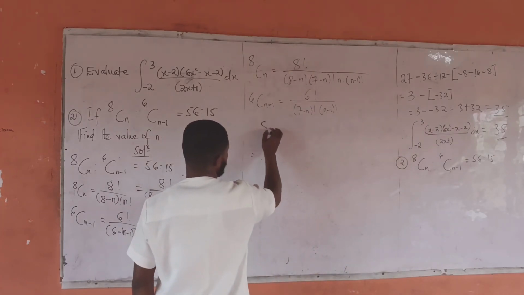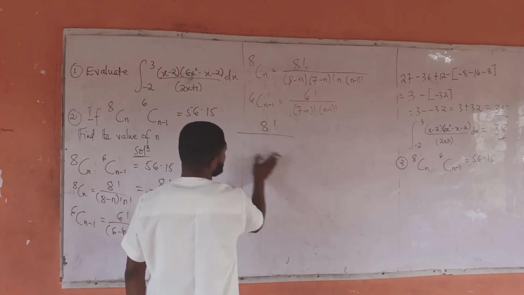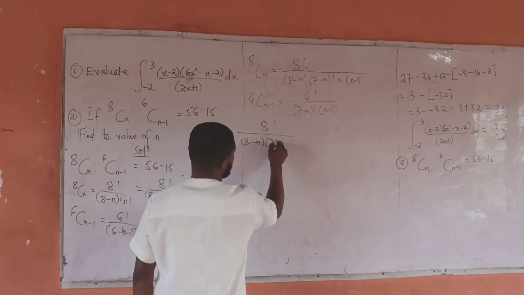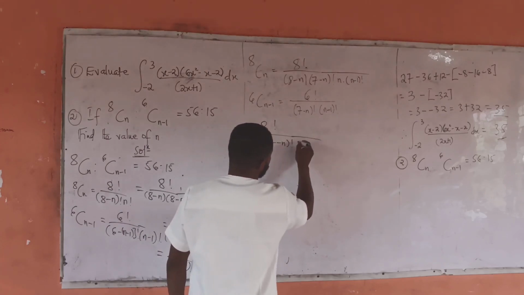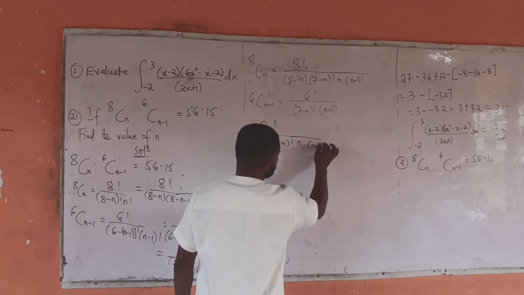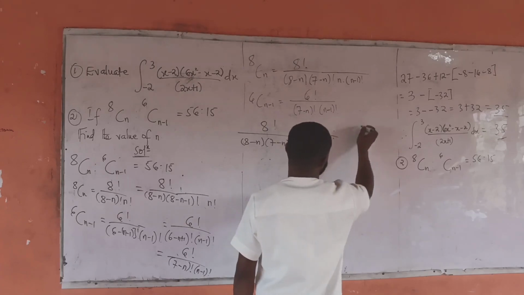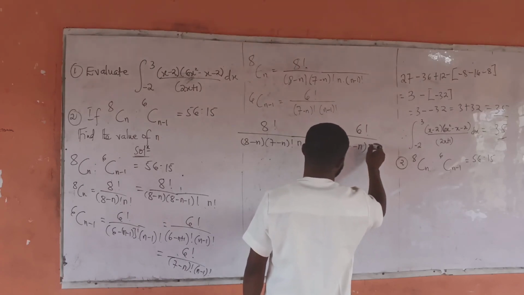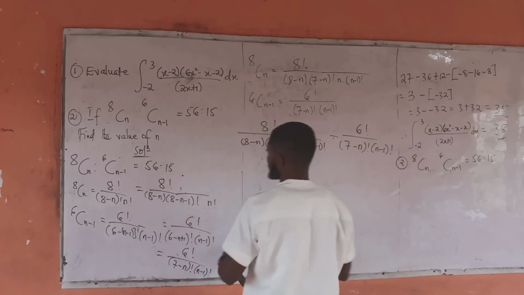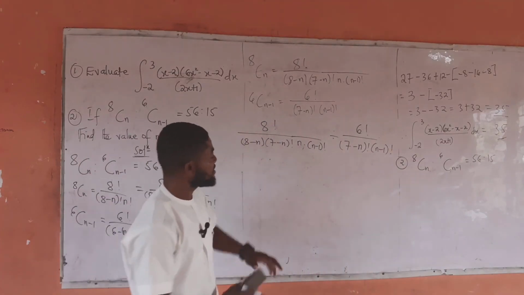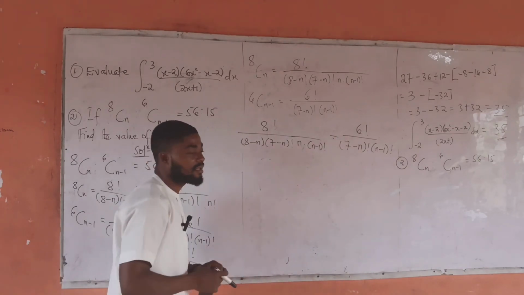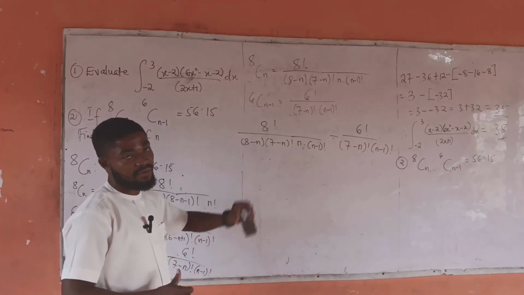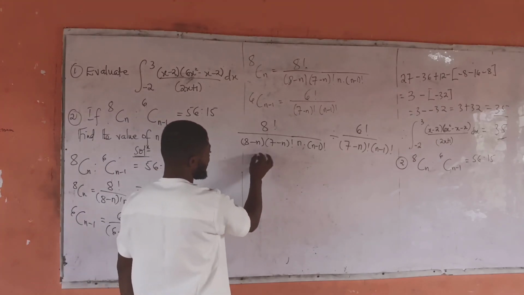So we get this one, and then since we are dividing a fraction by another fraction, we change the division sign to a multiplicative sign, and then we reciprocate our fraction.